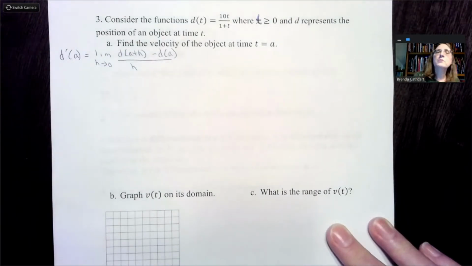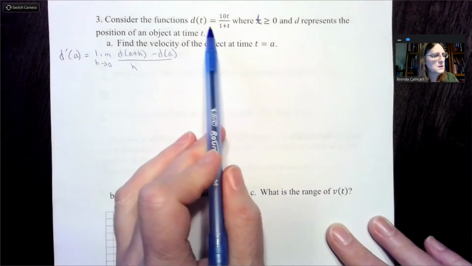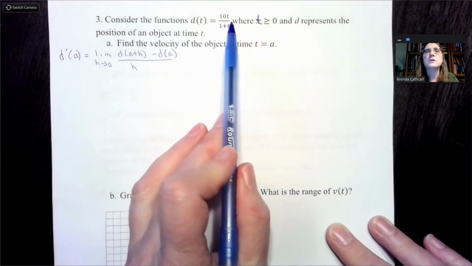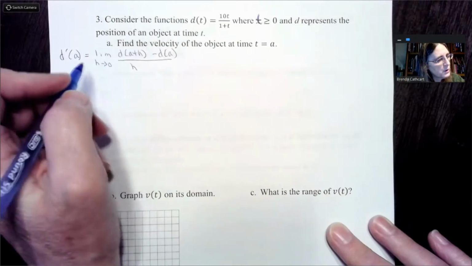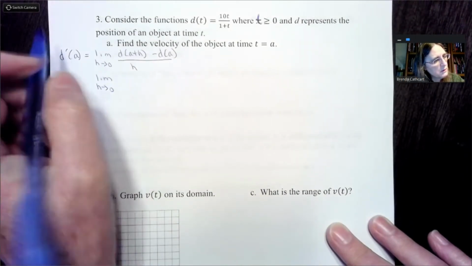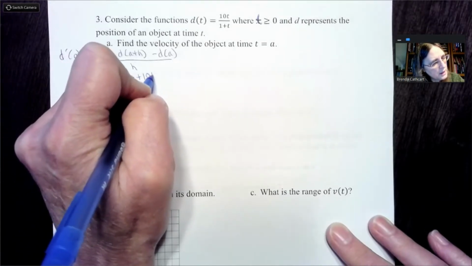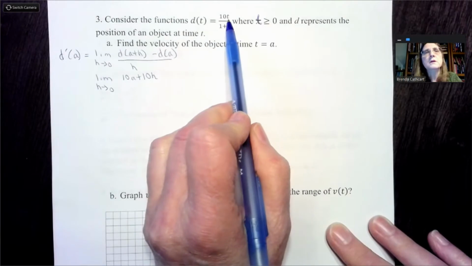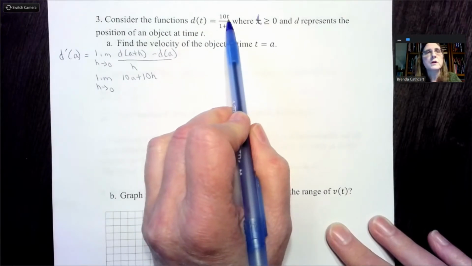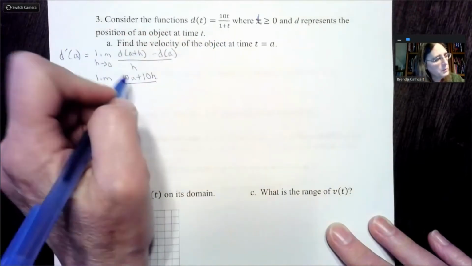In our numerator, which is actually going to be a fraction, we're going to replace the t with a plus h. And so for our first part, we're going to get the limit as h approaches 0 of 10a plus 10h, replacing the t with a plus h and distributing, divided by 1 plus a plus h.